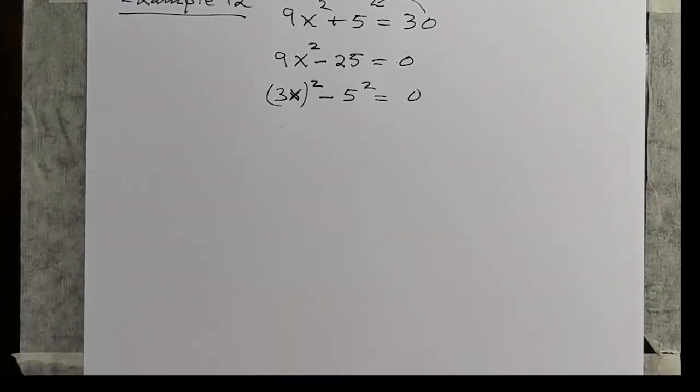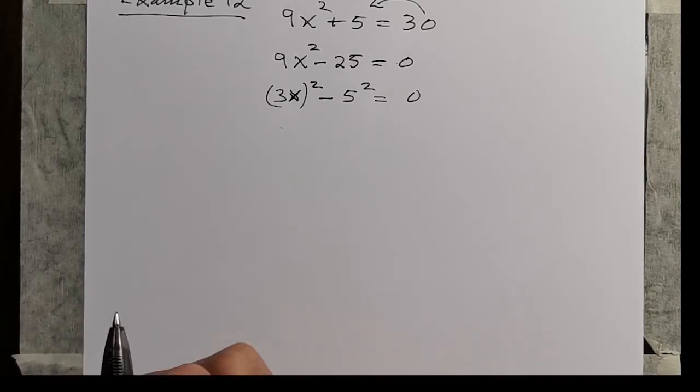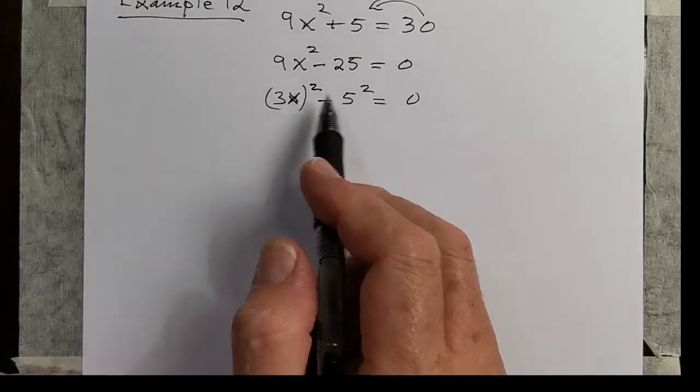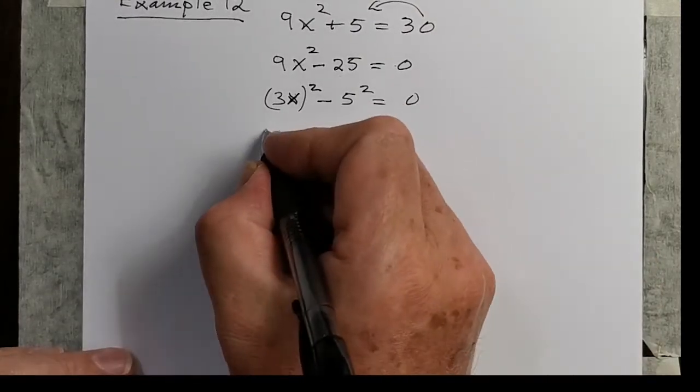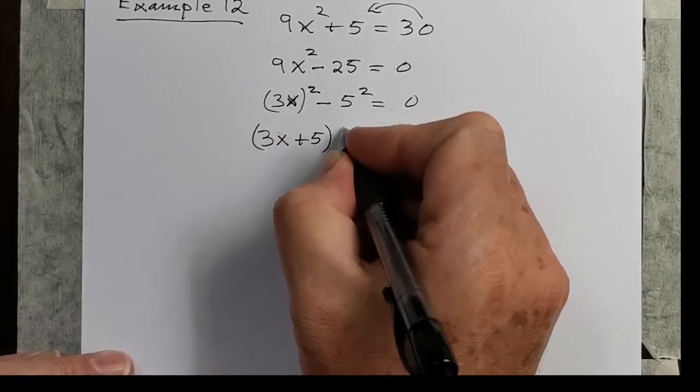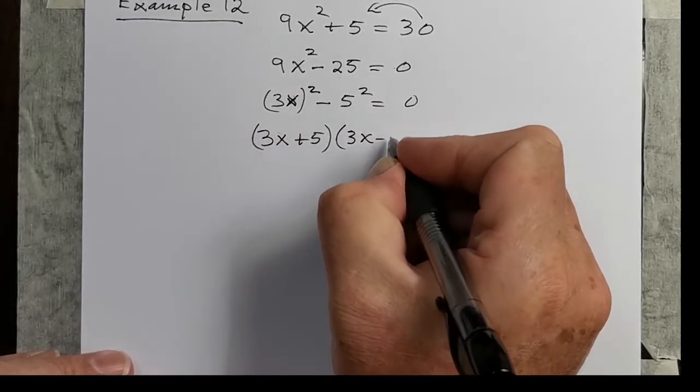Remember our rule, difference of two squares: a squared minus b squared factors as a plus b times a minus b. So here's my a and here's my b. This will factor as 3x plus 5 times 3x minus 5.